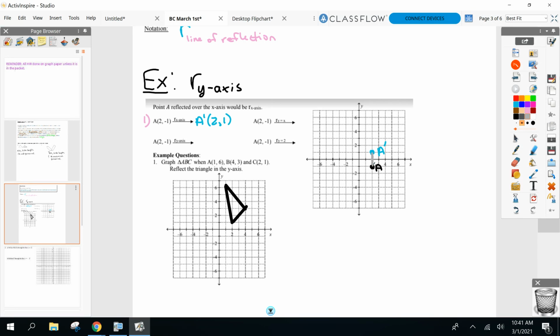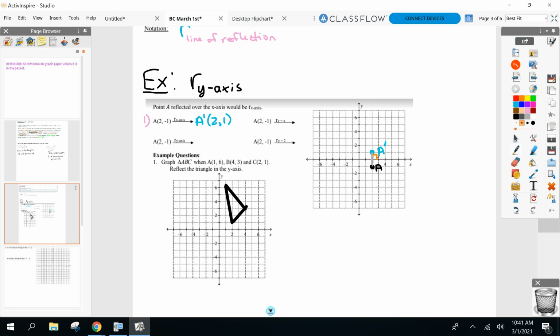Good? All right, I'm going to keep harping on that. What is perpendicular? Okay. So what line did we just reflect over? The x-axis, right? So look at the x-axis. It is perpendicular to AA prime. Agreed? Because one's horizontal and one's vertical.